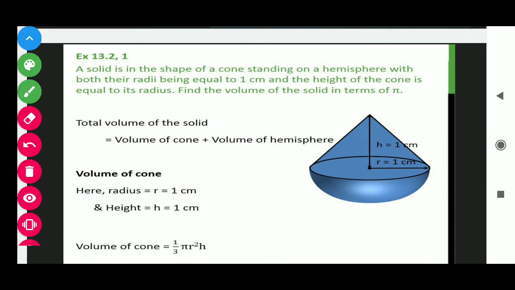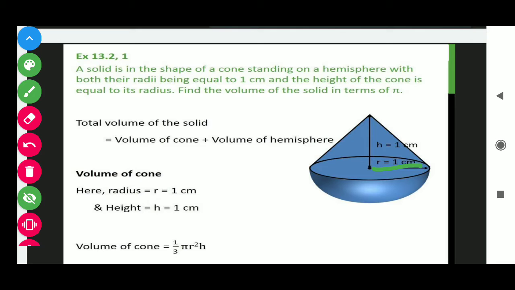A solid is in the shape of a cone standing on a hemisphere with both their radii being equal to 1 centimeter, and the height of the cone is equal to its radius. Find the volume of the solid in terms of pi. In this question we have a cone mounted on a hemisphere, and the radius of the cone and the hemisphere are equal.